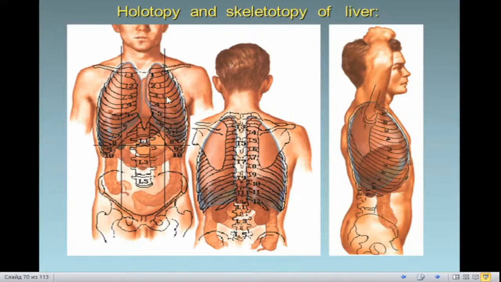That's skeletotopy. Now holotopy. The liver is located in the right abdominal region, in the right hypochondriac, then epigastric proper regions, and even a small portion may go to the left hypochondriac, but only seldom.